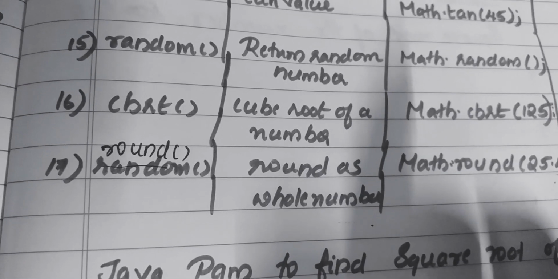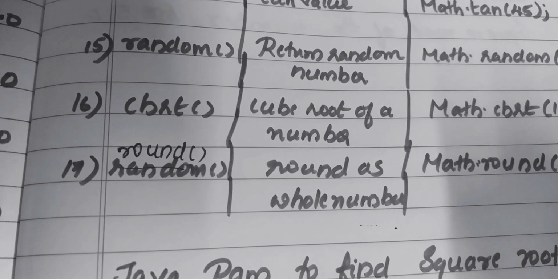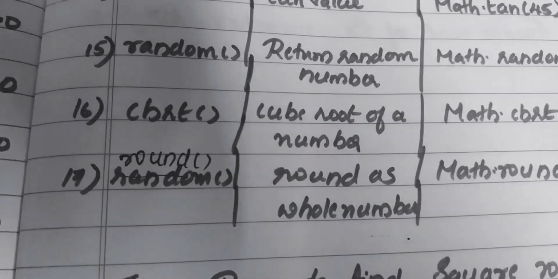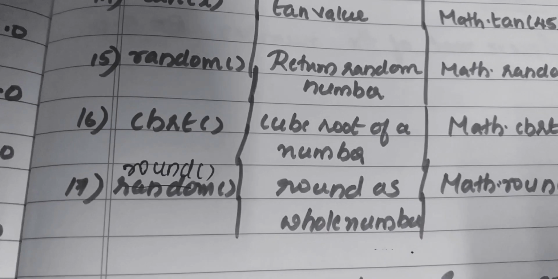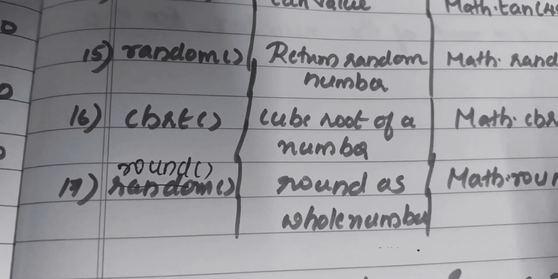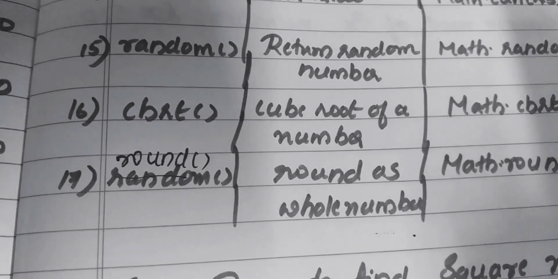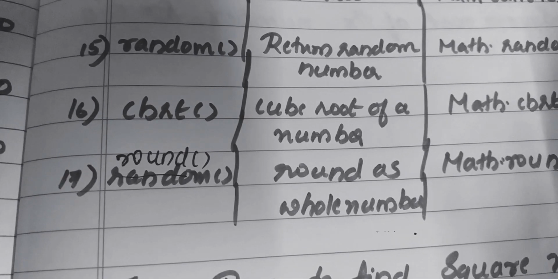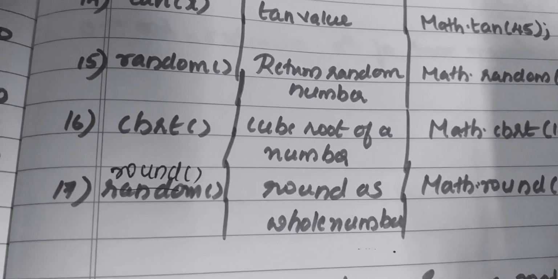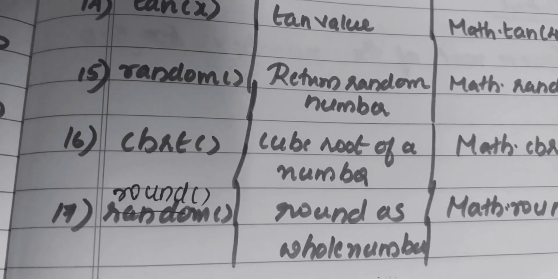This is a math function in which the output comes as an integer type. So this is the basic difference between rint and round. The rint function gives the output as a double value, but in both cases we are doing the same thing, rounding the value. In the round function the output is an integer type.